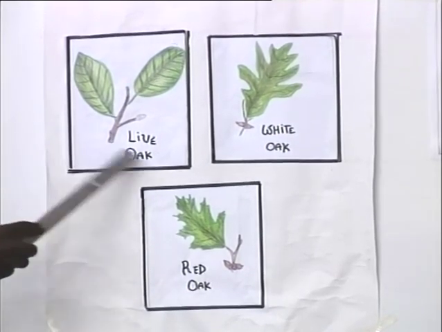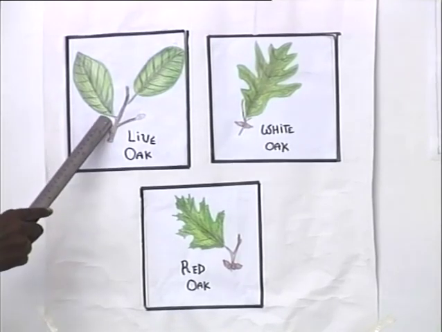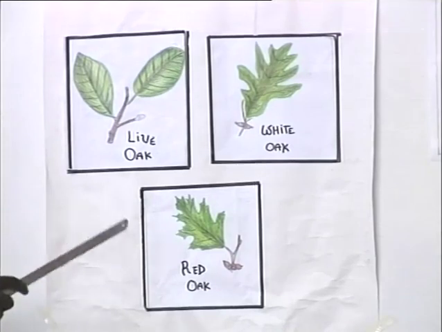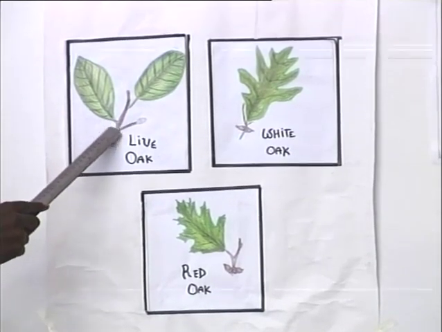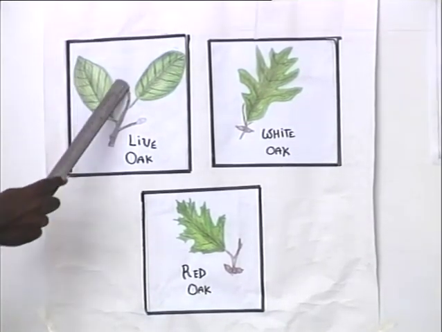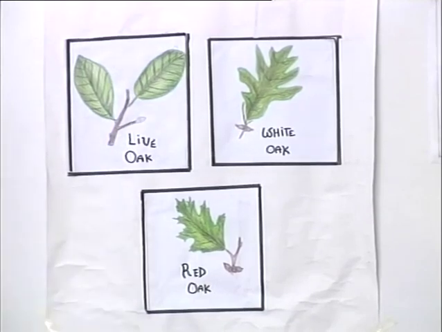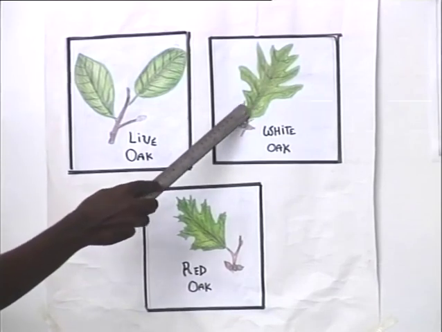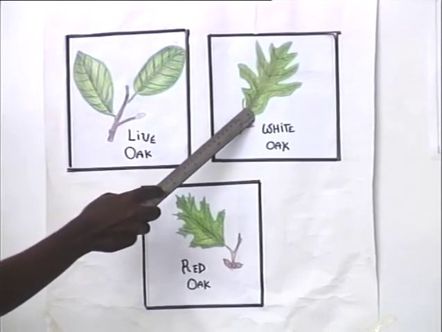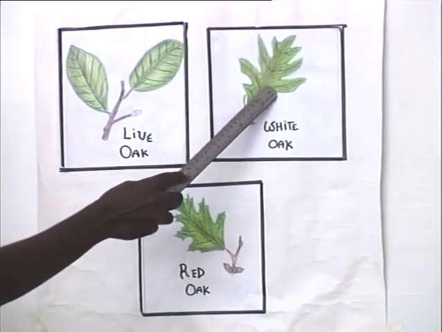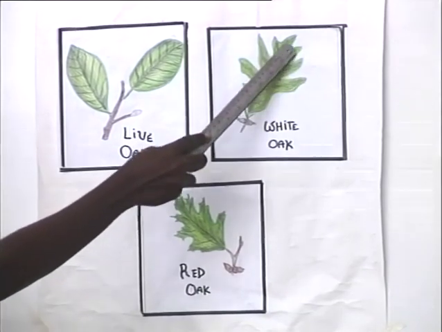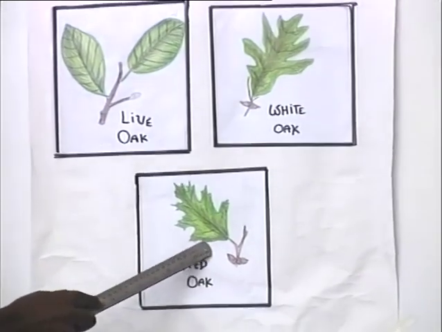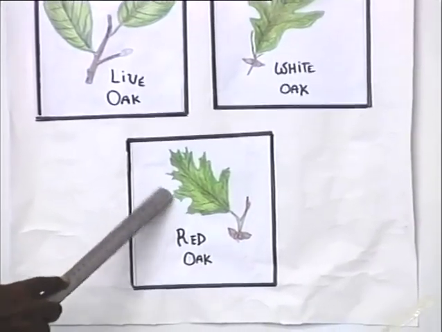They can be easily distinguished by the shape of the leaves. In the live oak, we can see it's more of a rounded, smooth shape. For the white oak, the leaves are more smoothed out at the edges, and the red oak is more rigid and sharp.